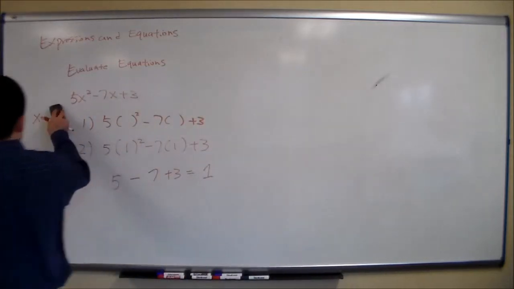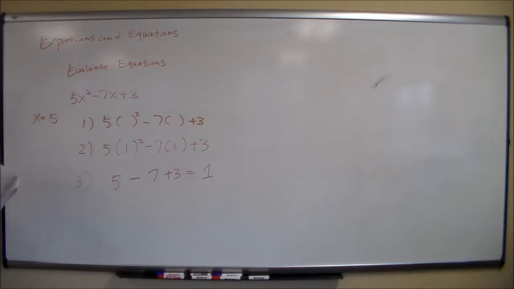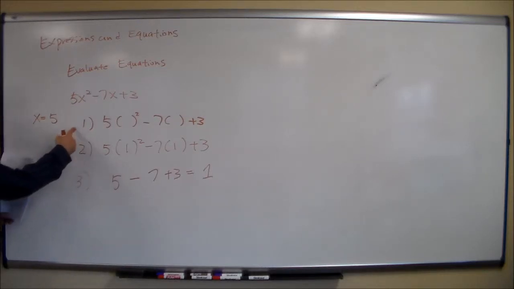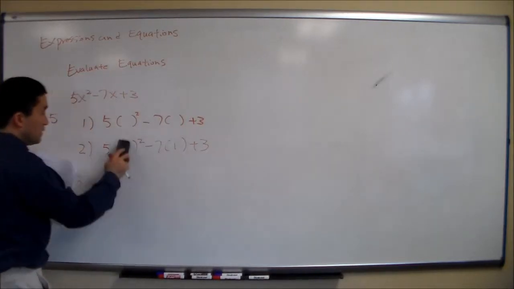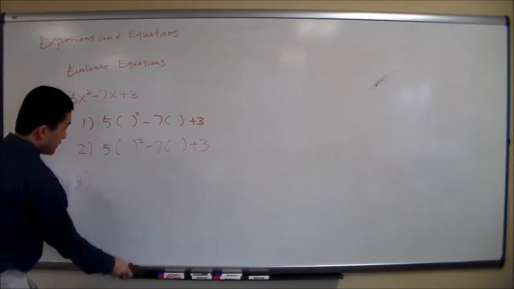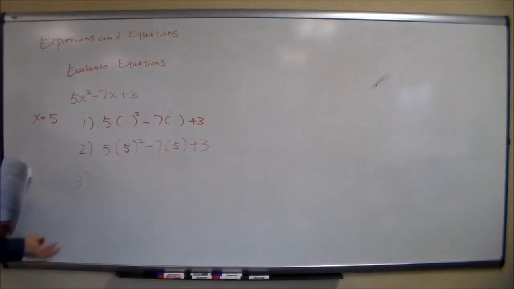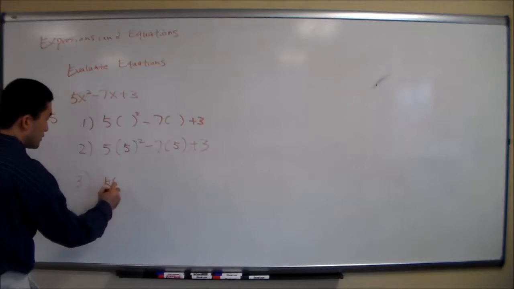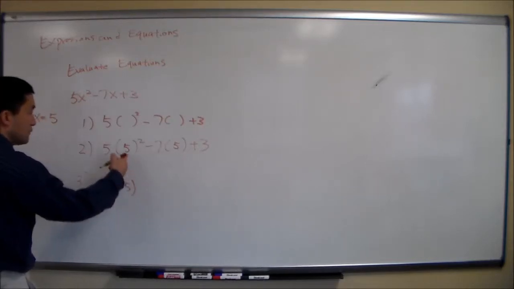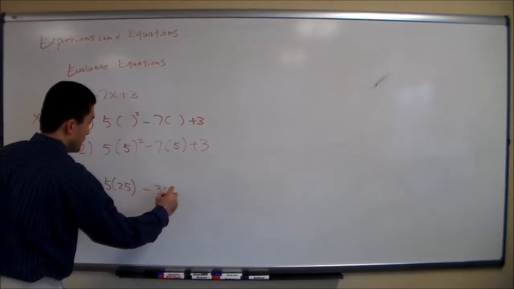Say when the x is 5. First step is always the same. The second step will be replace these 1s with the 5. And then solve. So in this case, it's going to be 5 times 25, 5 squared, minus 35, plus 3.